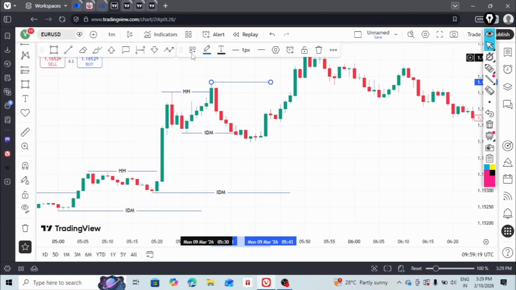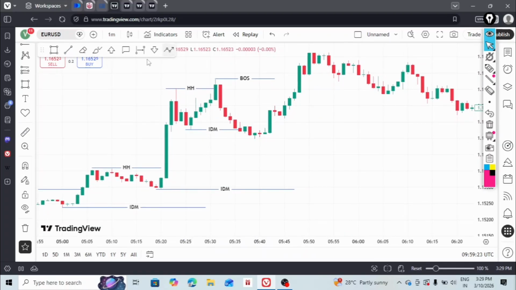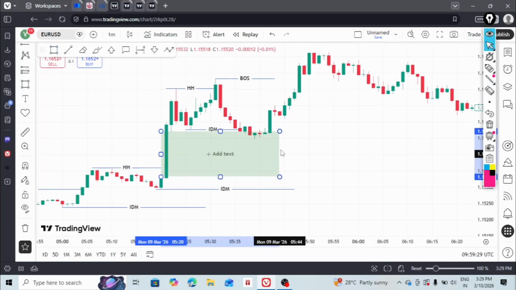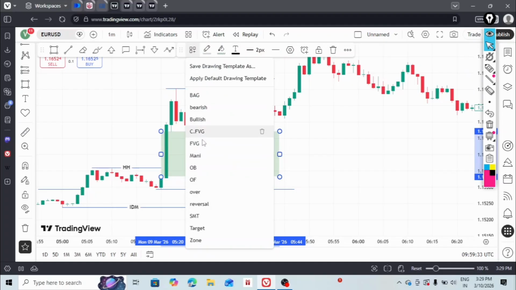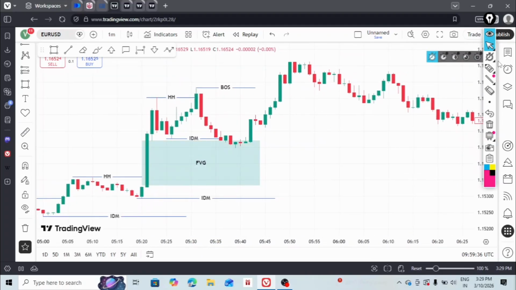This is our break of structure level, and below this inducement we also have a fair value gap here. The market has mitigated the fair value gap, which means grabbing the liquidity. Inducement is the liquidity. So we can look for our trade till our break of structure here.